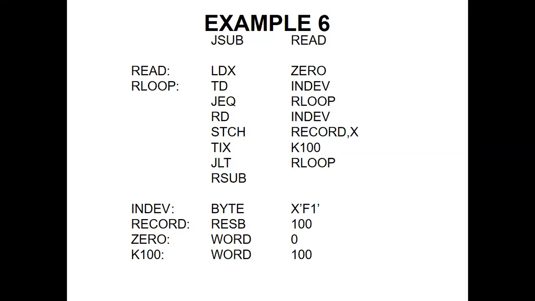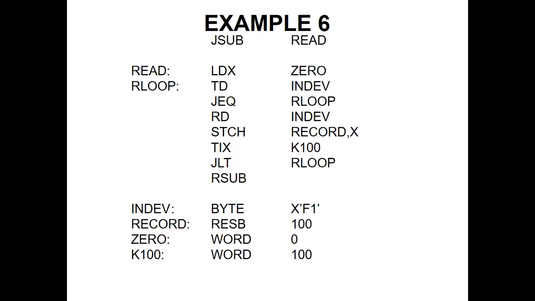TIX, K100. You remember TIX? That instruction has got 2 functions. First it increments X by 1, and then you test whether you have reached that operand. So the operand is K100, which is a word 100.